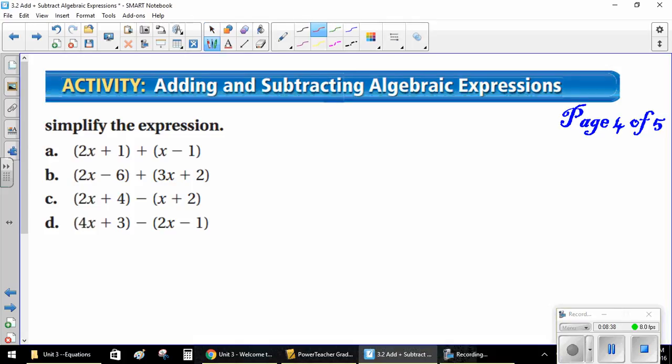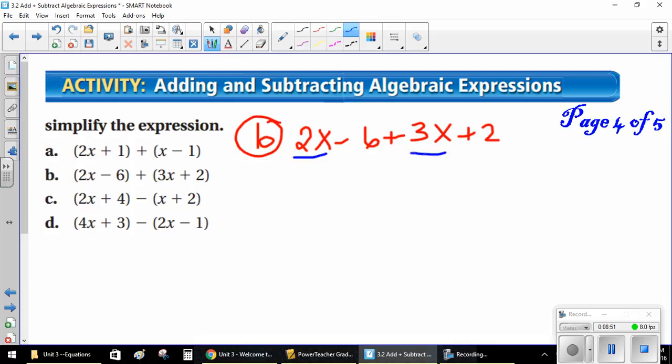Okay, here's example B. We have 2x minus 6 plus 3x plus 2. Once again, I'm going to write my variables first, so 2x plus 3x, and then I'm going to write my constants second, so minus 6 plus 2.